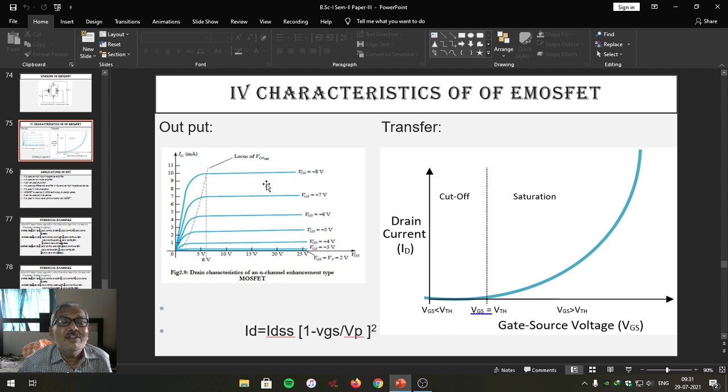Thus the working of FET here changes from ohmic region to inverse square region to the saturation region itself. This is one conclusion which we can draw from the characteristic curve of current and voltage through the E MOSFET.